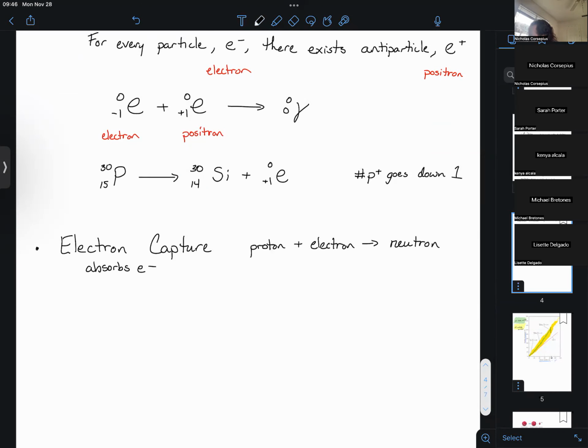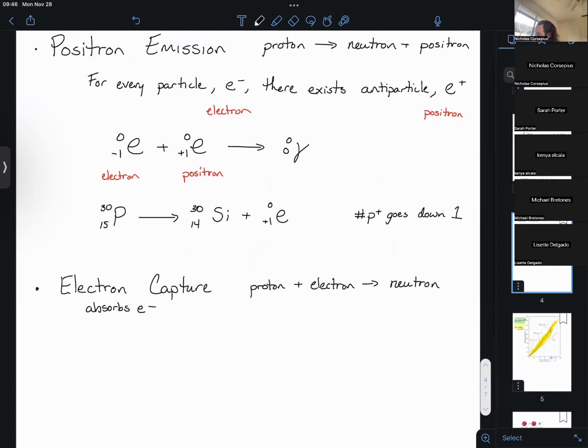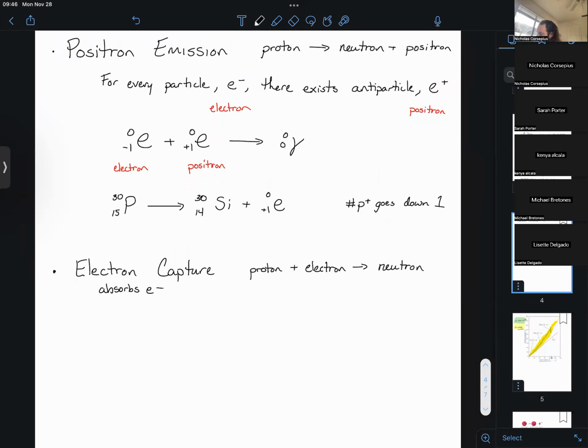The net effect is very similar to what we see in our positron emission, meaning that we start out with something like ruthenium. It's going to combine with an electron. But now a proton got converted into a neutron, so the mass number stays the same.